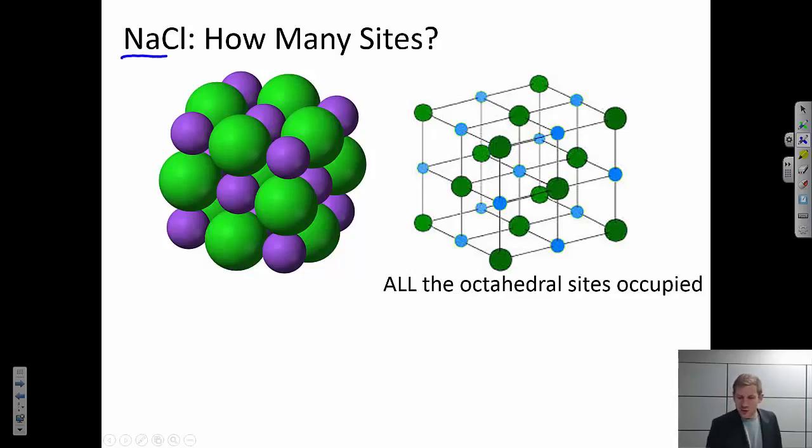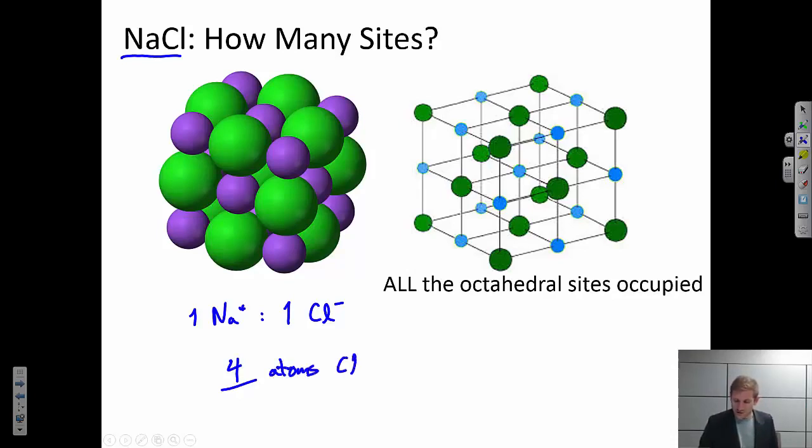That comes down to the stoichiometry of the solid. So we know that we need 1 sodium for each 1 chlorine that we have, right? So let's look at the FCC lattice again. In 1 unit cell, we have 4 atoms of chlorine.